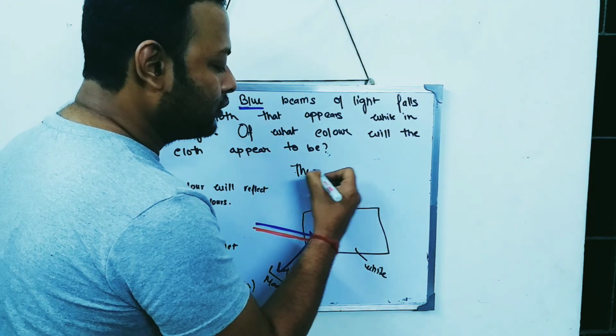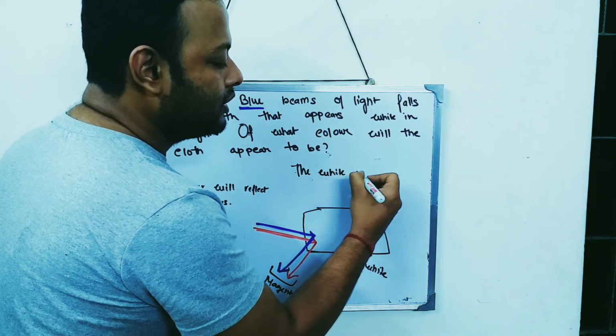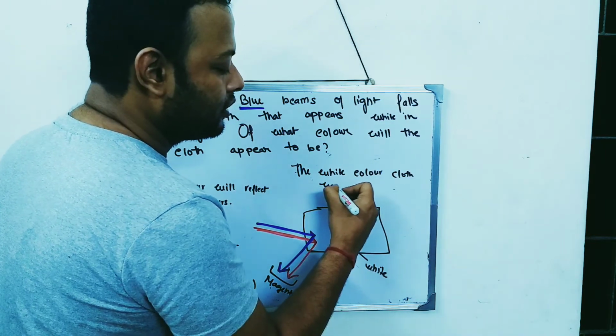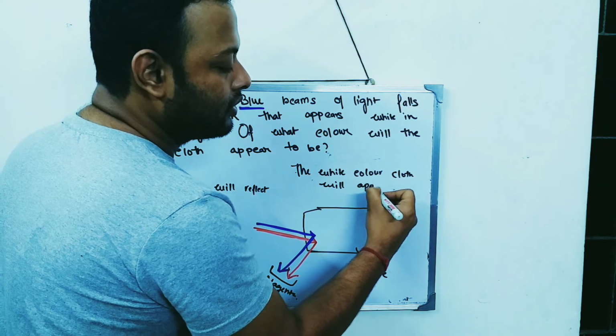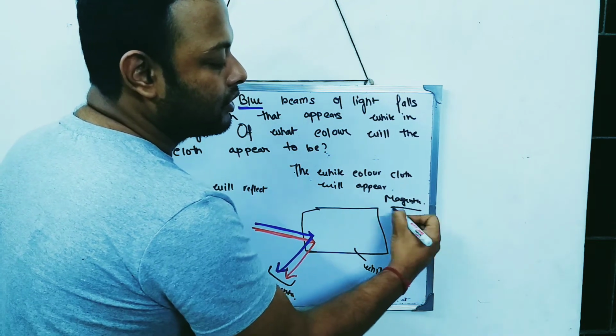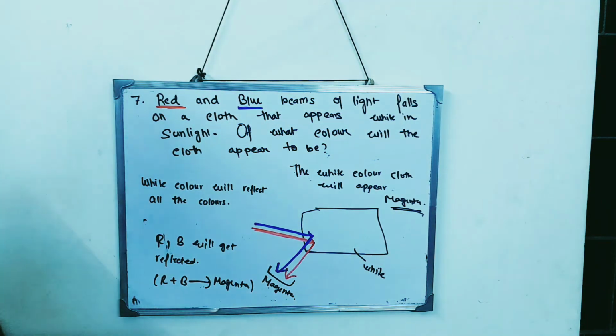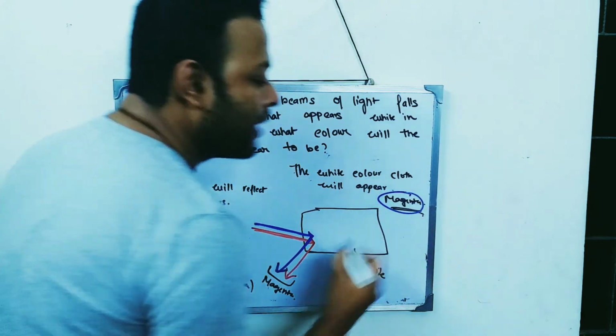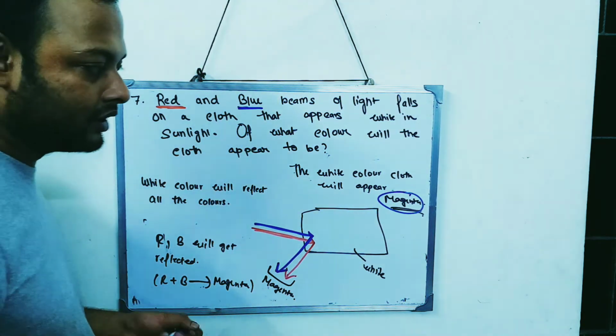The white color cloth will appear magenta. So this is the answer. Okay, so you got the answer.